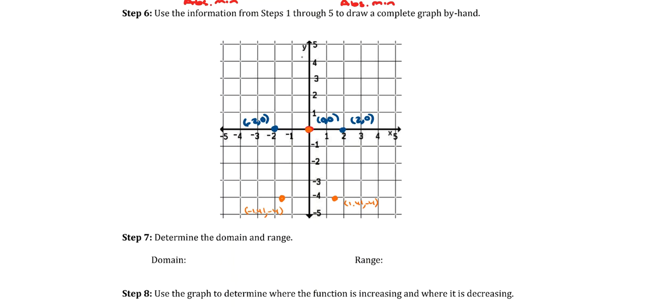And now what I'm going to do is just connect all these points together, keeping in mind the end behavior and turning points and intercepts. So one end of the graph is going to be pointing up in quadrant 2, and as we go from left to right, it's going to decrease its way through the x-intercept of -2, 0.